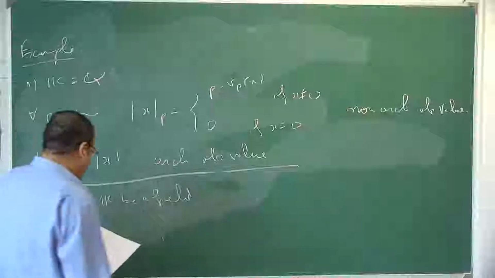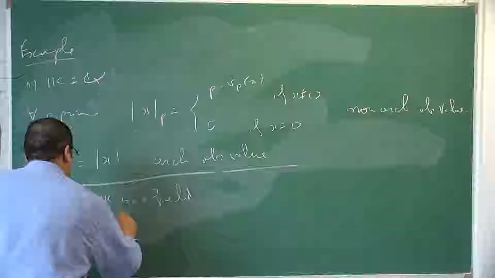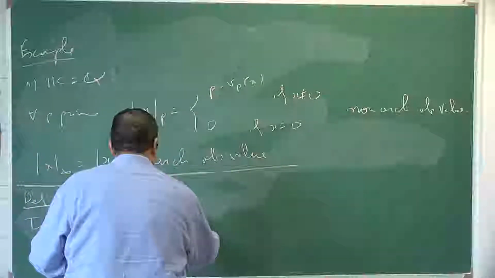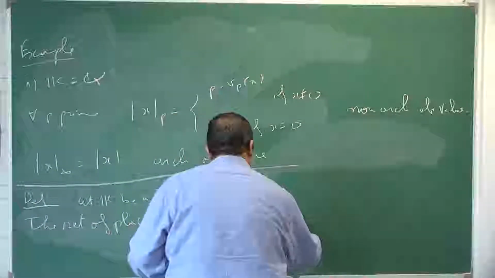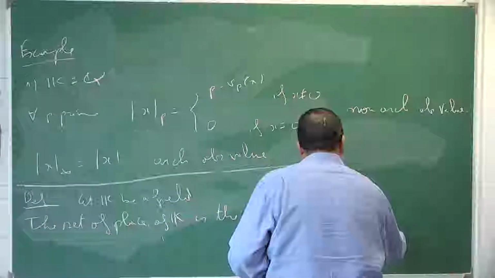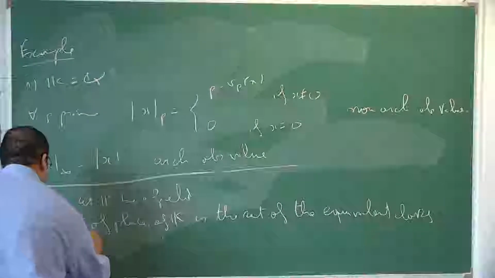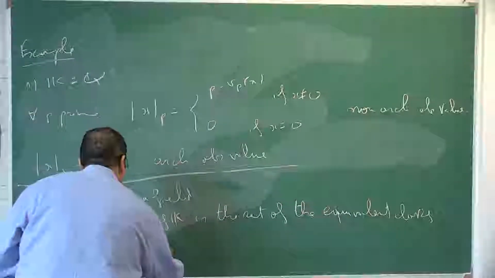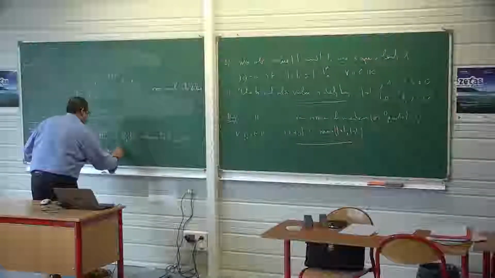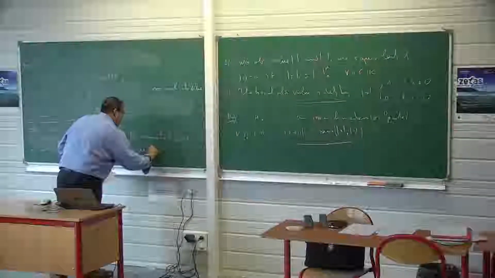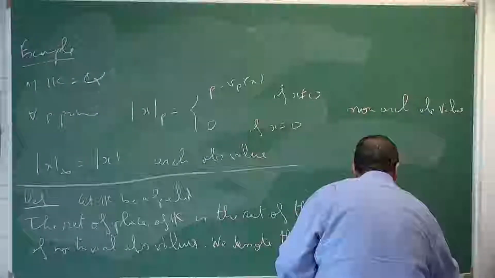The set of places of K is the set of the equivalence classes of non-trivial absolute values, and we denote this set by V_K.